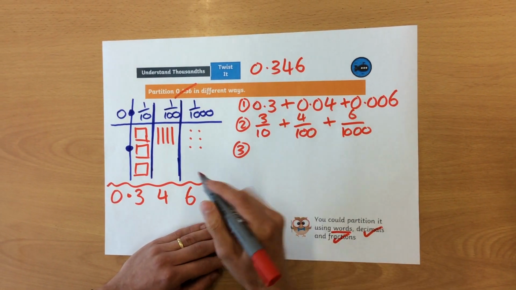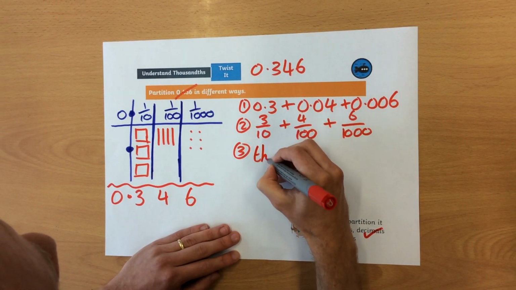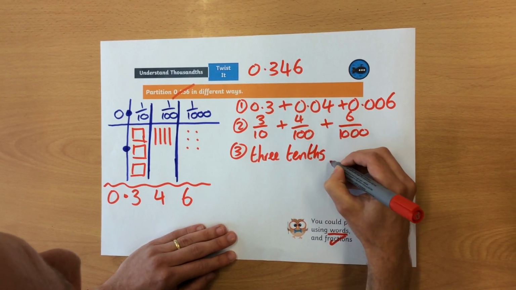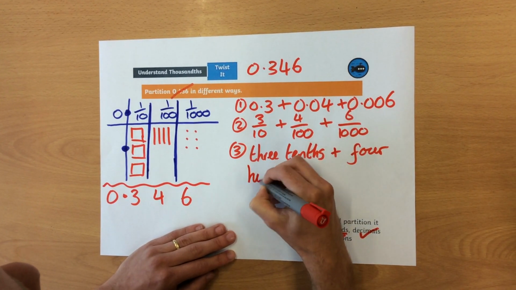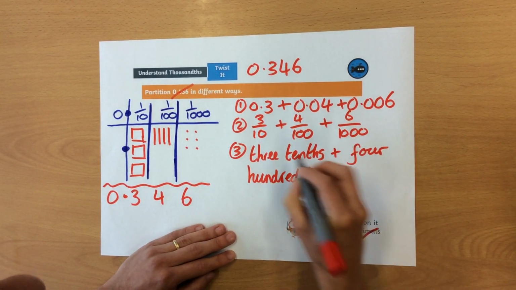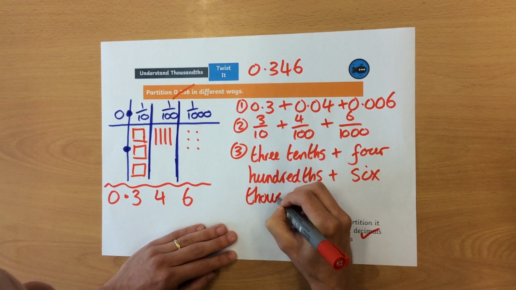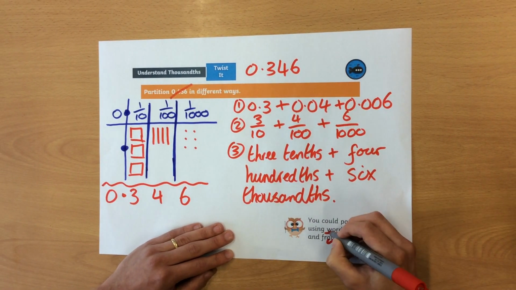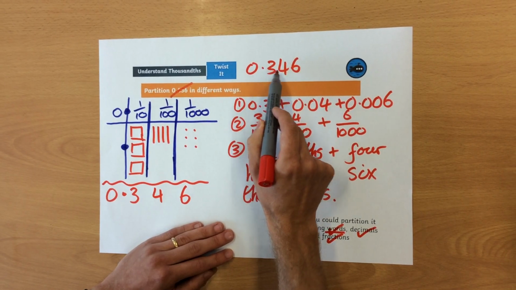So 3 tenths, all I need to do for this is simply write out what I'm saying. 3 tenths plus 4 hundredths plus 6 thousandths. So there we are. I can give that a tick as well now. That's 3 different ways of showing the decimal 0.346.